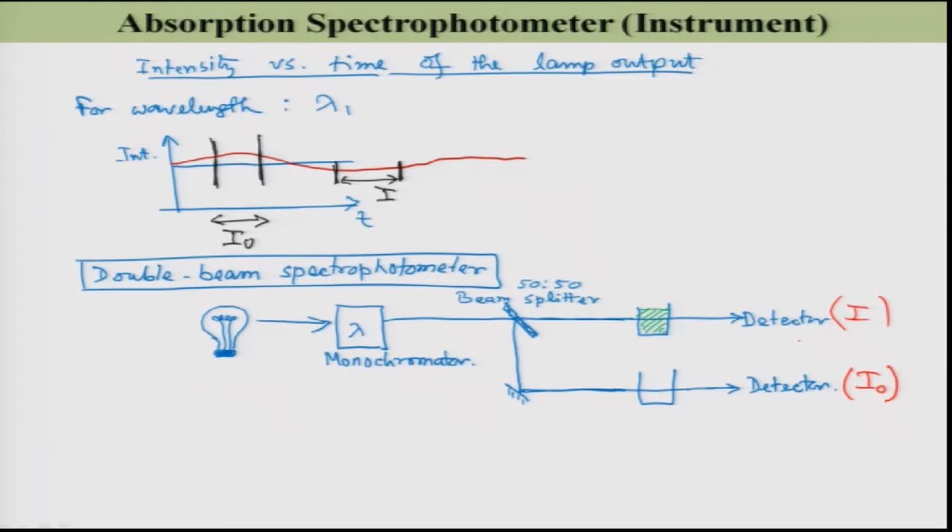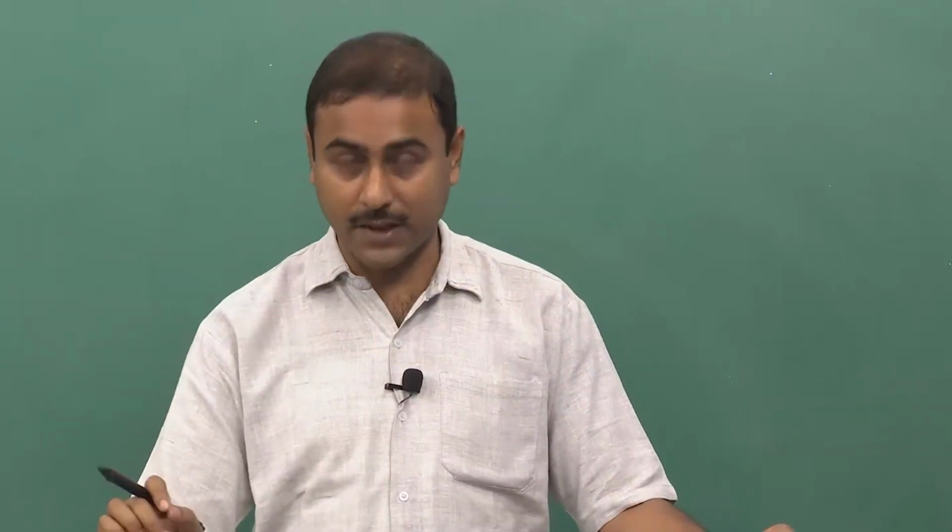If they are not, then there will be a problem in the measurement of I. Even if the intensity of the light is divided equally in the two paths, 50% in this direction and another 50% in the other direction, still, take my word for it, no two detectors in the world behave ideally or in exactly similar fashion, right.